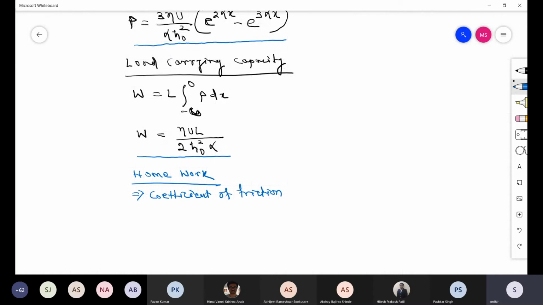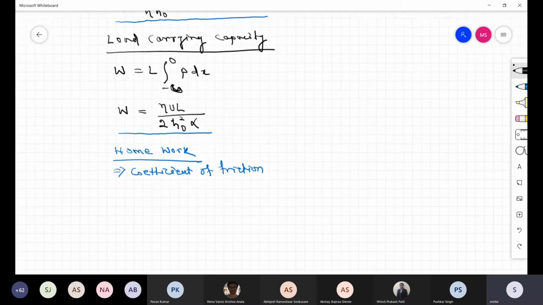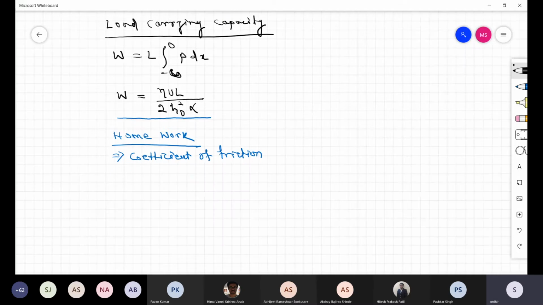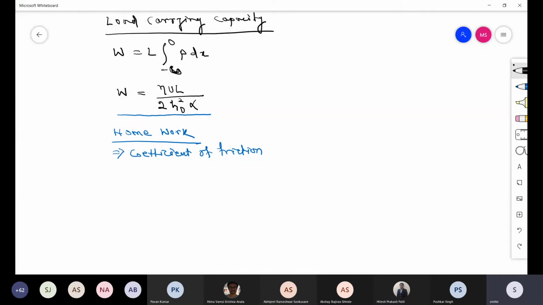So any doubt so far? Okay, so there are various cases possible for plane slider bearing, depending on the geometry or configuration. Now, this is a one-dimensional Reynolds equation that we are solving. As we will be solving the two-dimensional Reynolds equation in numerical form, as I have already explained, getting a closed form solution with pen and paper is difficult.